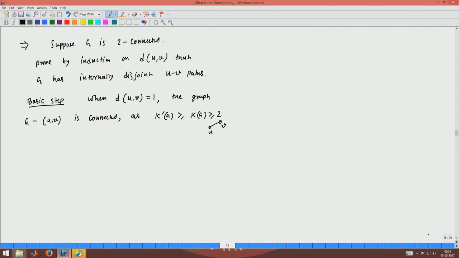So the graph is 2-connected, so the vertex connectivity is greater than or equal to 2, and we know that the edge connectivity is always greater than or equal to the vertex connectivity. So the edge connectivity is greater than or equal to 2. That means by removing one edge from the graph, you can't make the graph disconnected. That is why G minus uv is connected.